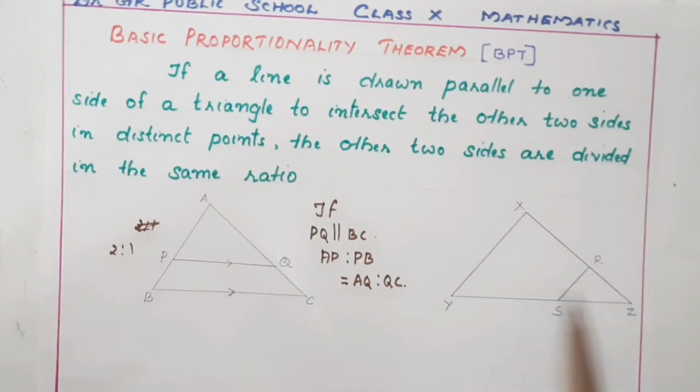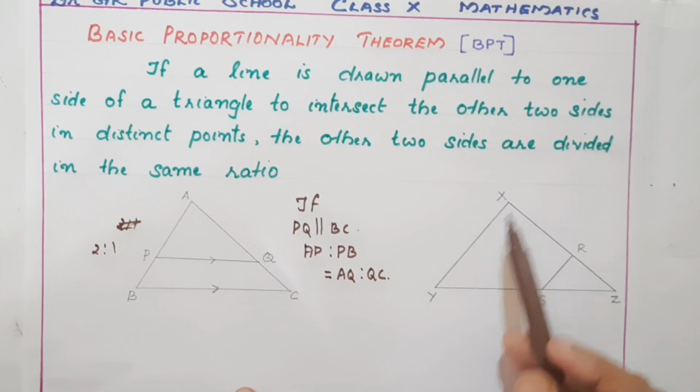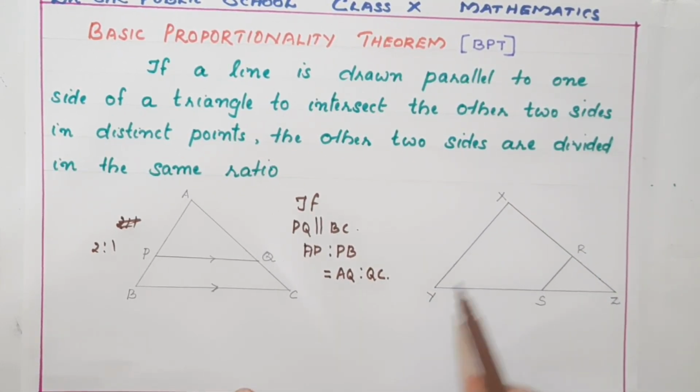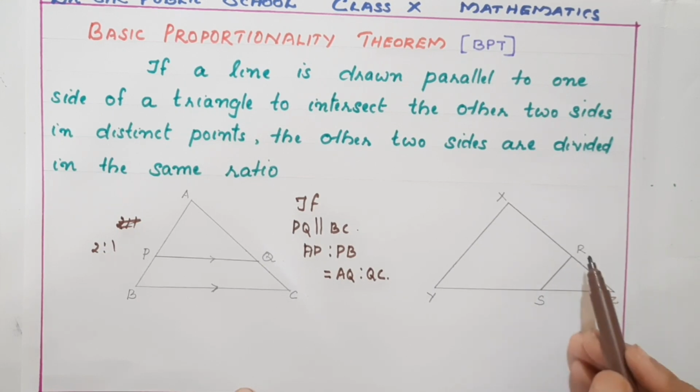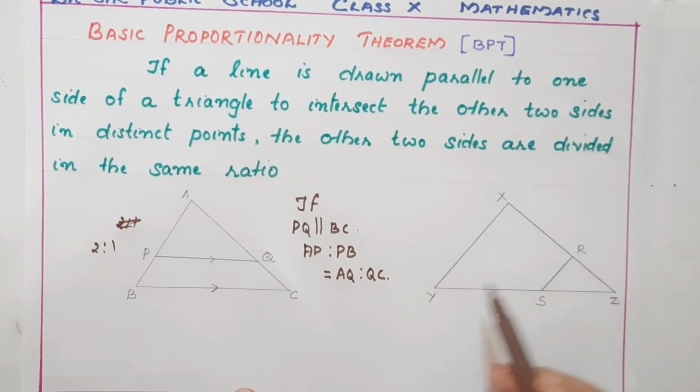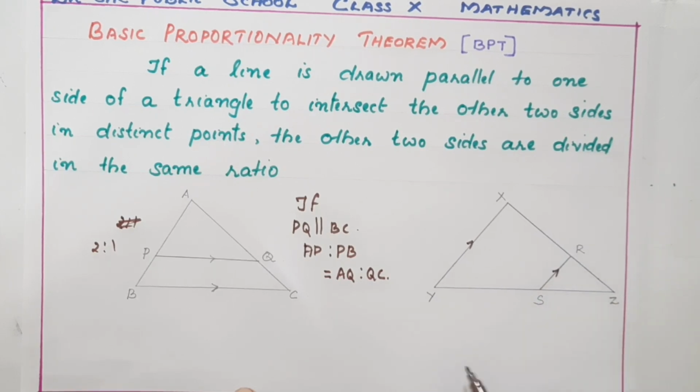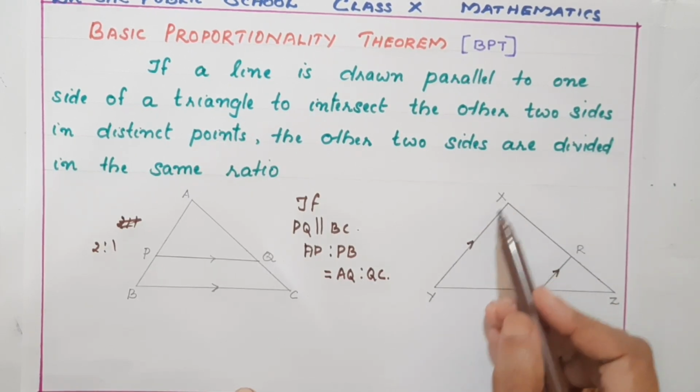Here you can see another example. XYZ is a triangle, and here is a line RS which is parallel to XY. These two lines are parallel. So RS is parallel to XY.